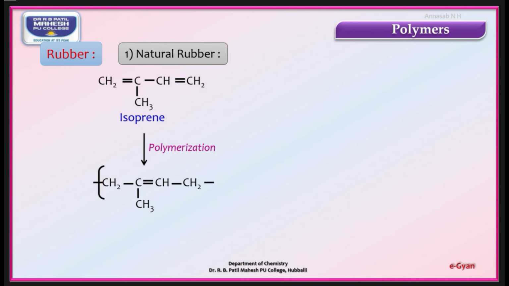So if you take n number of isoprene units, this group is going to repeat n times, and the process is known as polymerization, and whatever we get there is called polyisoprene. So the name of natural rubber is polyisoprene, and the monomeric unit used is the isoprene unit.